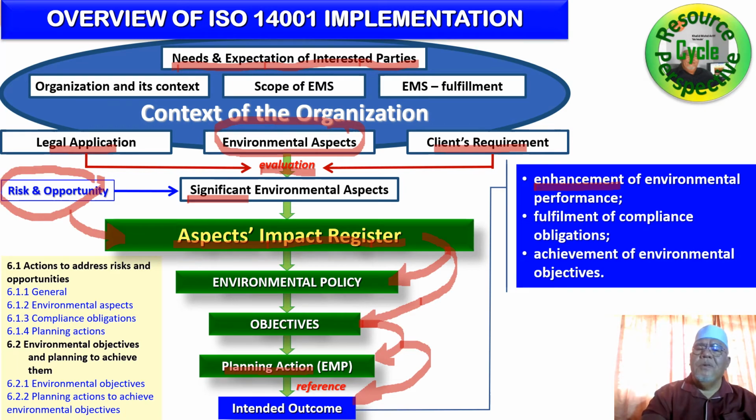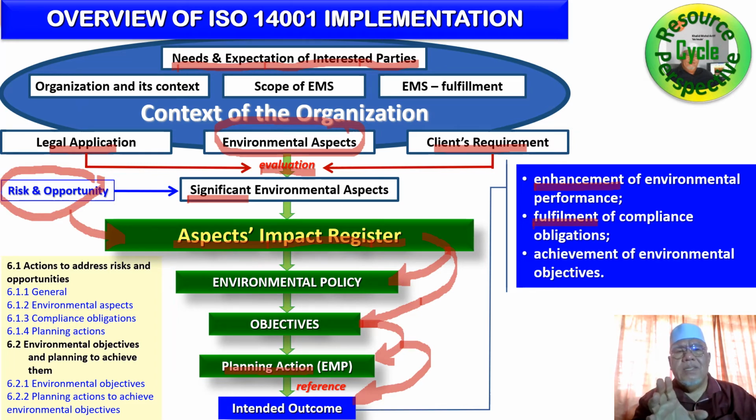And also compliance obligations: the endeavor, the effort, and most importantly, the commitment to fulfill all compliance obligations, not only the law, but involving agencies, governments, suppliers, contractors, subcontractors, vendors, etc.